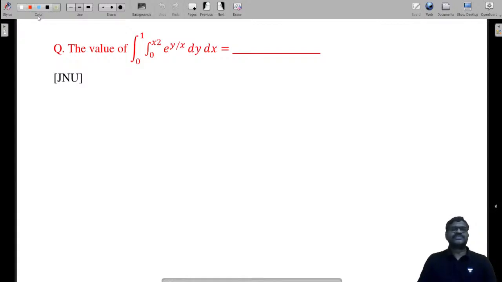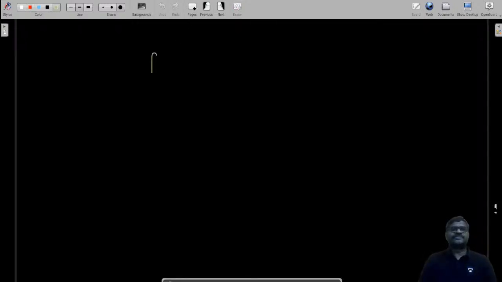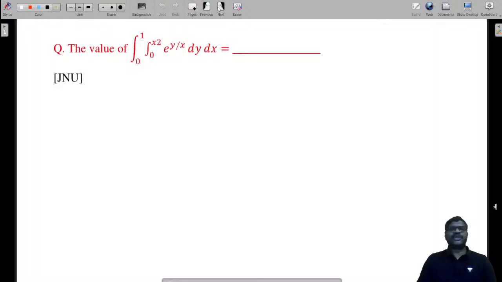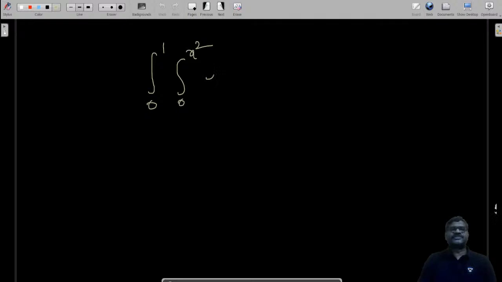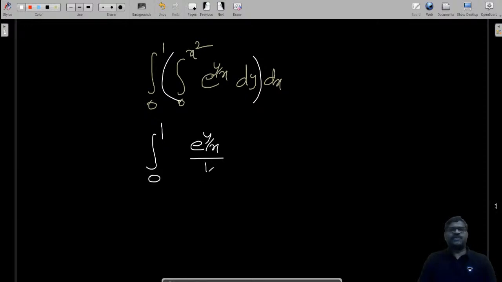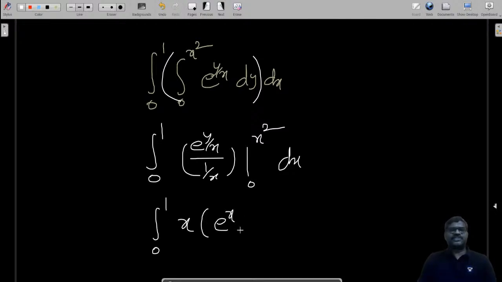Next problem, integral 0 to 1, 0 to x square e power y by x dy dx. We have to integrate with respect to y. E power y by x by 1 by x, 0 to x square dx. Integral 0 to 1, e power x square by x is e power x, e power 0 is 1 dx.